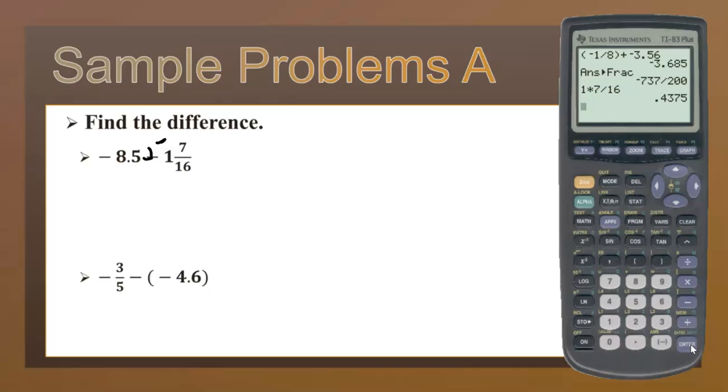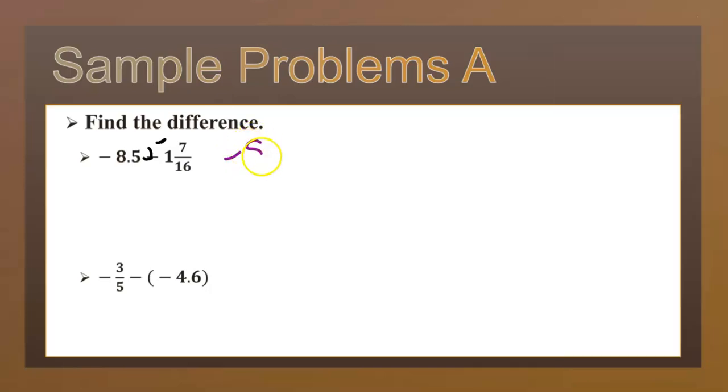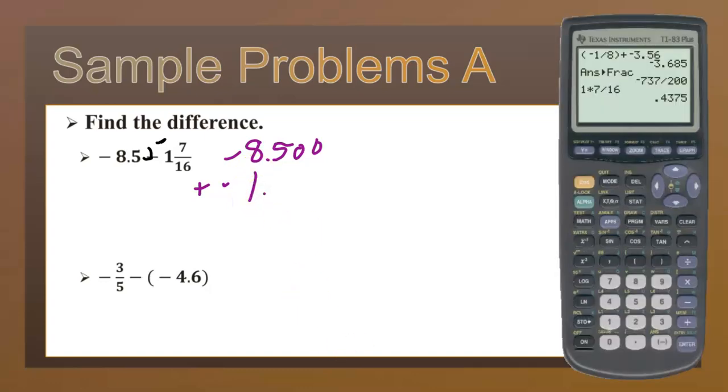So we have a negative 8.500, and we are adding a negative 1.4375.